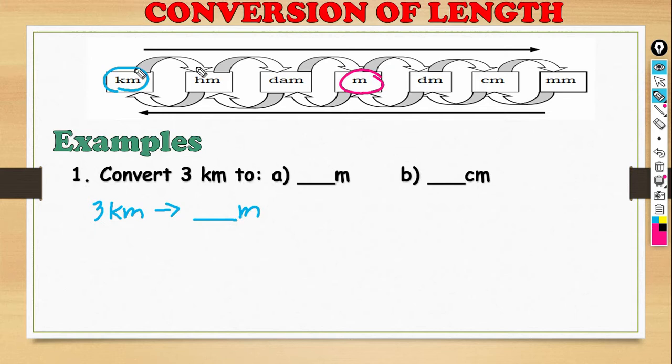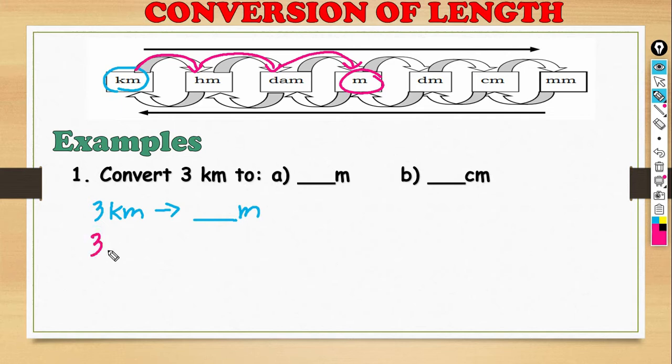So, ilang steps yun? Bilangin natin. So, we have 1, 2, 3. So, ang mangyayari, yun yung bilang na imo-move natin yung decimal point doon sa 3 natin. So, kung siya ay from left to right, kailangan yung 3 kilometers natin, i-move natin yung 3, yung decimal point ng 3 from left to right.